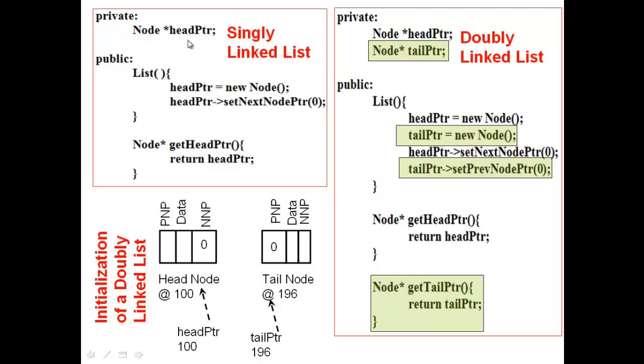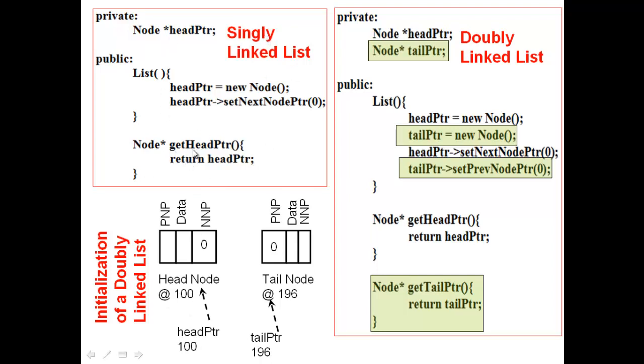In the constructor for the list, you are creating that head node and setting its next node pointer value to be null. So the head node's next node address is null, which is like an empty list. That is the constructor for the list class in a single linked list case.